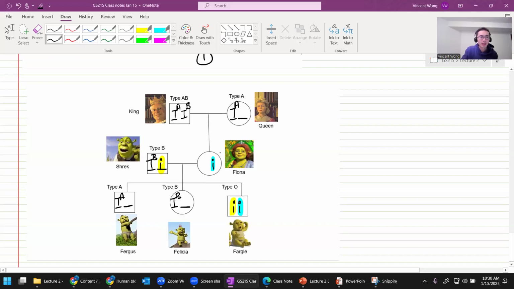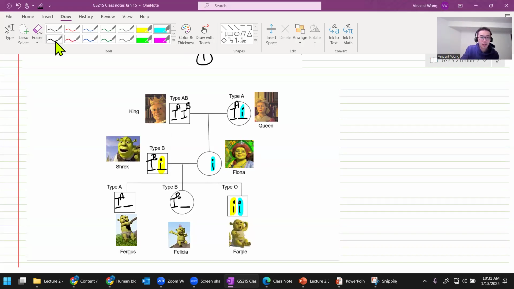Now, where did Fiona get her little i? Well, it's not from the king because the king can only contribute IA or IB. It must be from the queen.